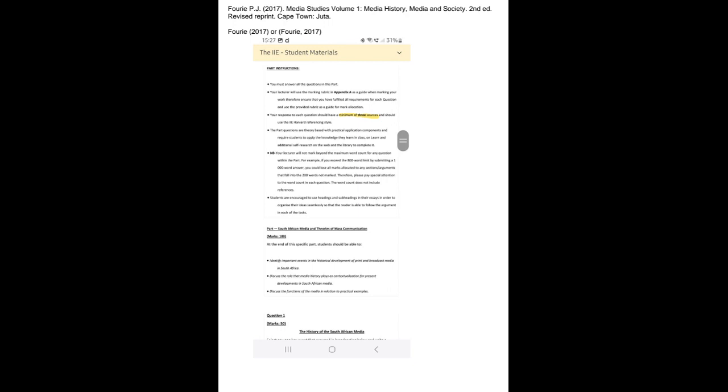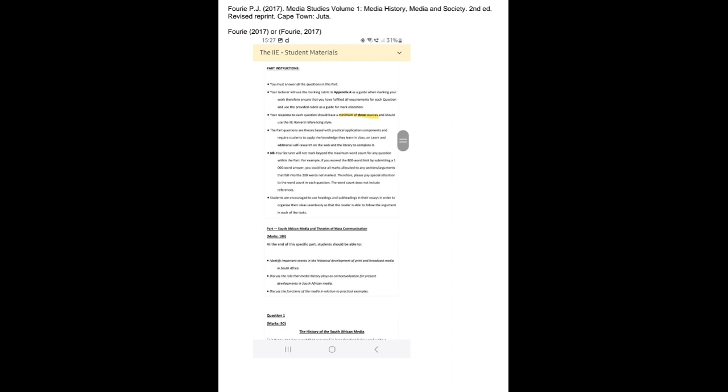Okay. So the next statement that they have here is the part question. Questions are theory-based with practical application, and require students to apply the knowledge they have learned in class on Learn and additional self-research on the web and the library to complete it. So they are wanting further depth, further understanding and knowledge.